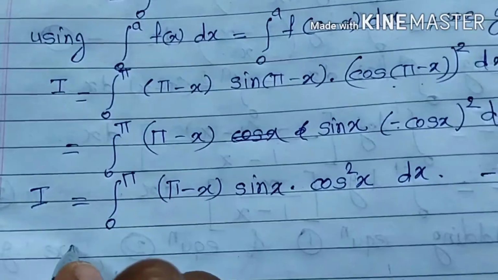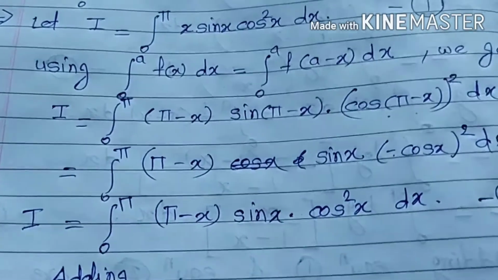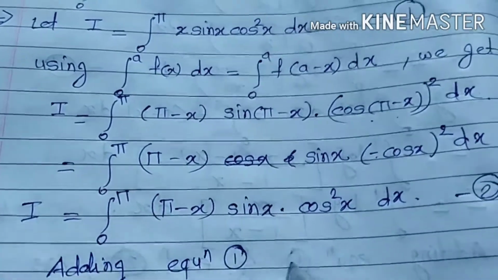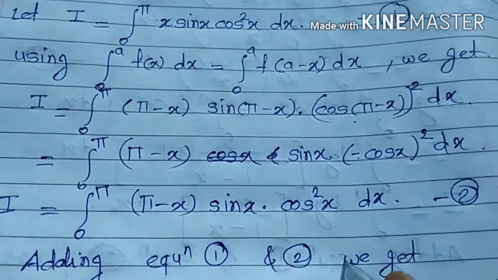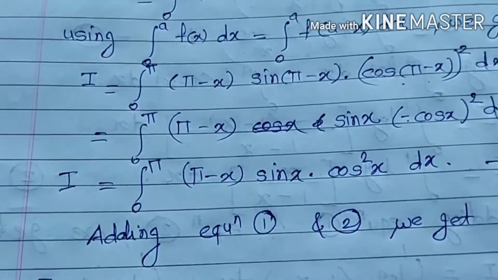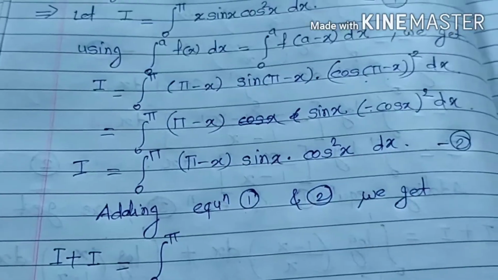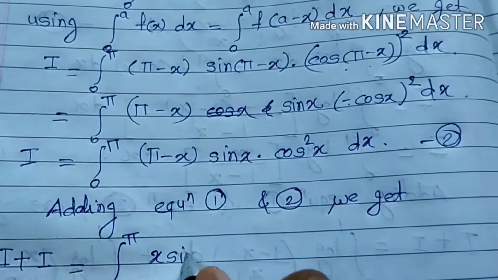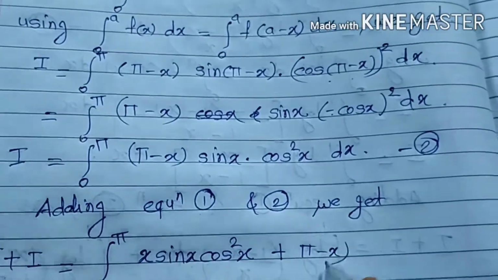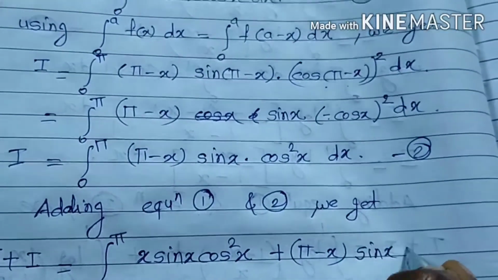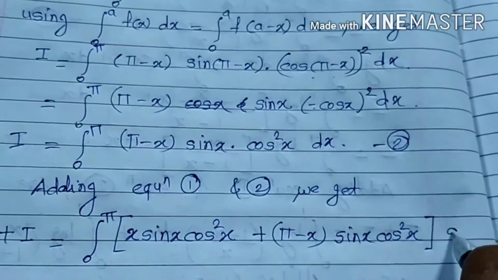So adding equation first and second, on the LHS side I plus I is 2I, which is equal to the integral from 0 to pi of x into sin x cos square x plus (pi minus x) sin x into cos square x, I am avoiding a few steps here, into dx.